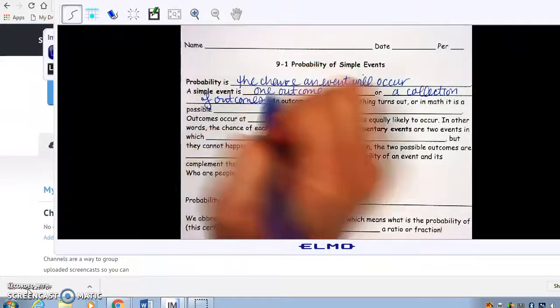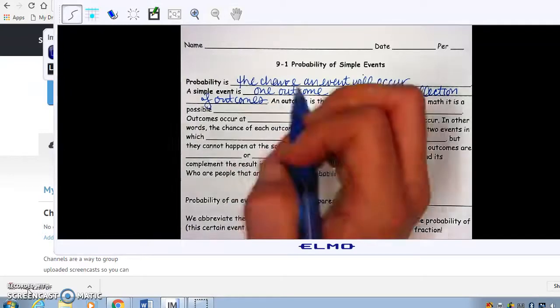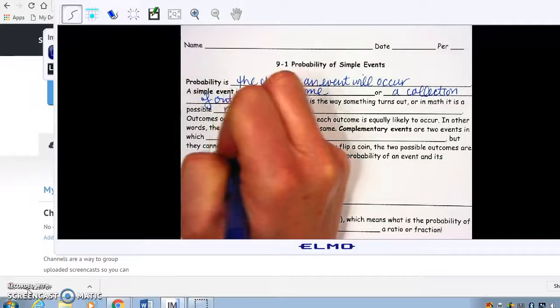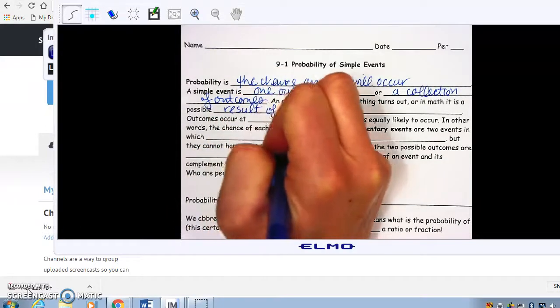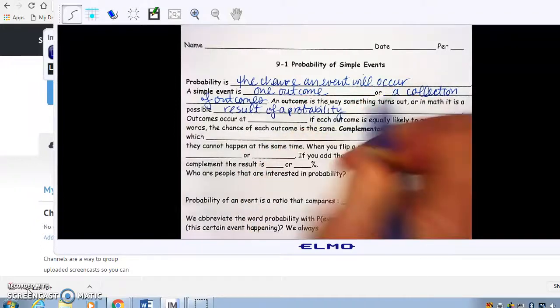Generally, what we're doing is simply one outcome. So what is an outcome? An outcome is the way something turns out, or in math, it is a possible result of a probability experiment.